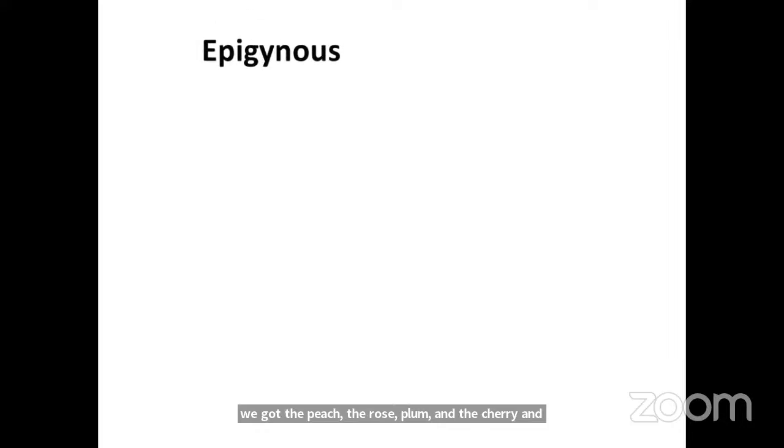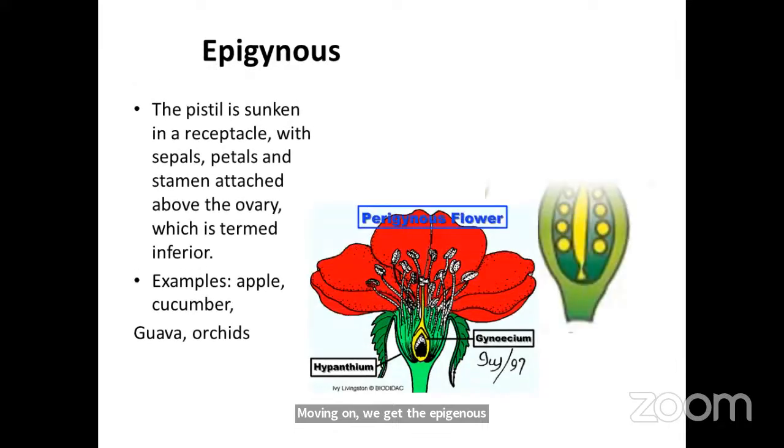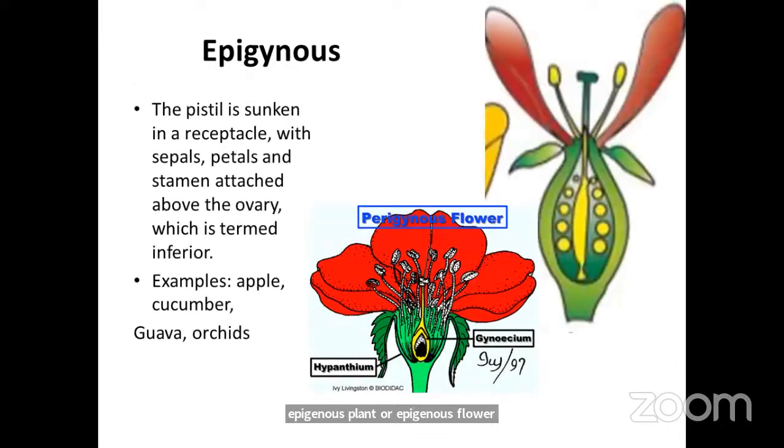Moving on, we get the epigenous plant or epigenous flower. This is how it looks like. If you try to notice, the pistil or the female reproductive part is sunken in a receptacle, wherein the sepals, the petals, and the stamen attach above the ovary.